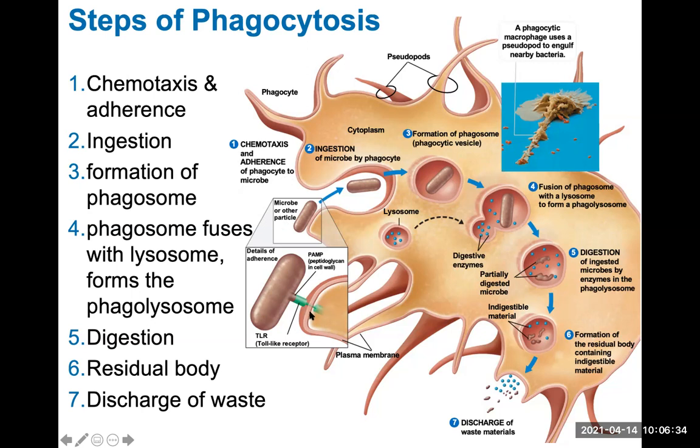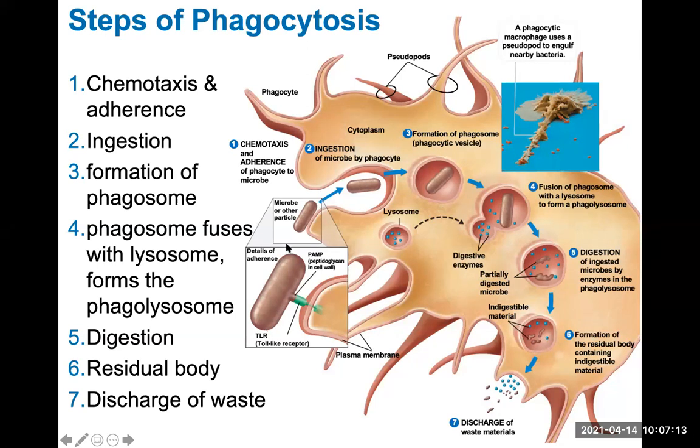And in this image, they show one way in which phagocytes can grab on to bacteria, which is through this toll-like receptor and a part of the pathogen called PAMP. Remember, we learned PAMP stands for pathogen-associated molecular patterns, and that can include things like flagella or peptidoglycan, other parts of microbes. And so this is showing one way that you can get adherence through those extensions of the pseudopods.